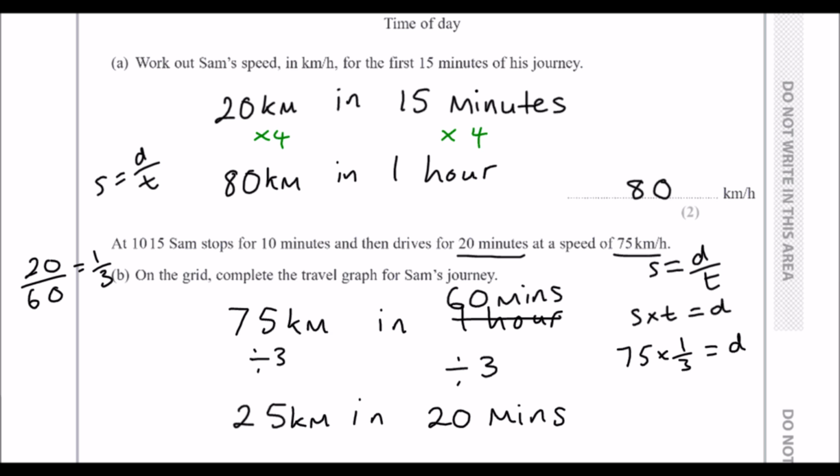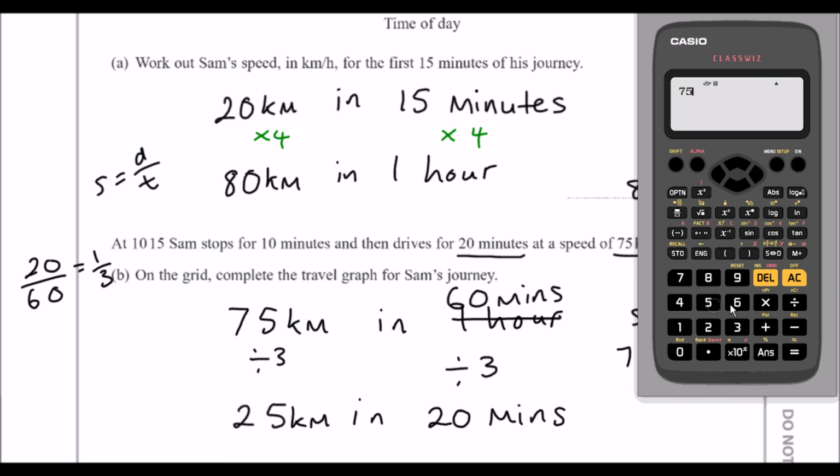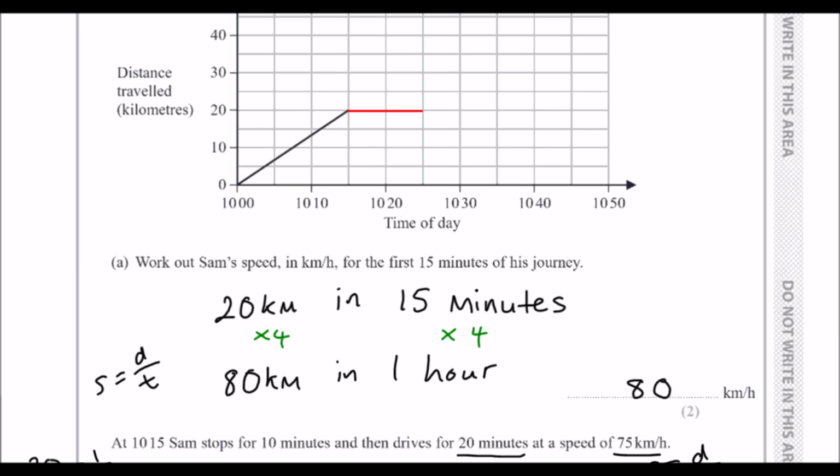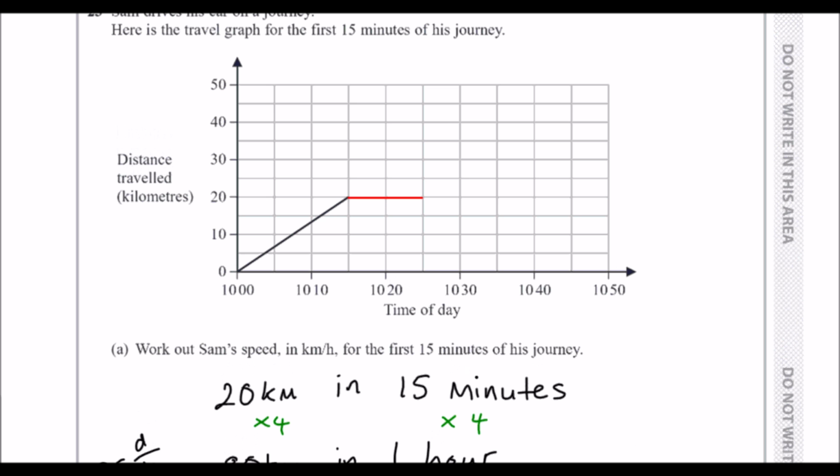And 75 times 1/3 will be the same. 75 times 1/3 is 25. So the distance is 25 kilometers in 20 minutes.